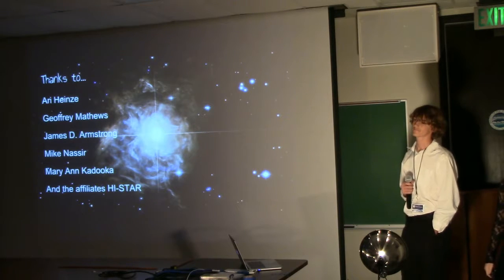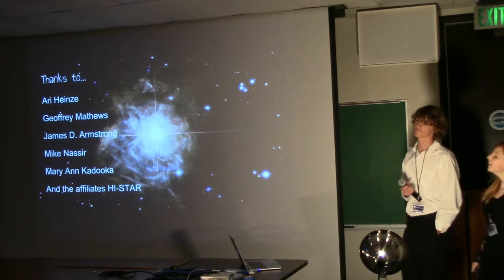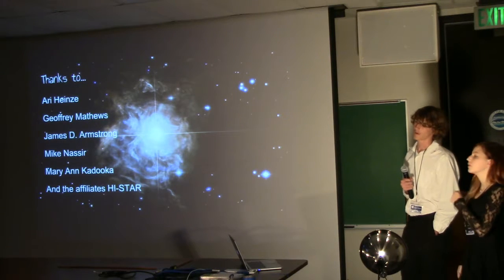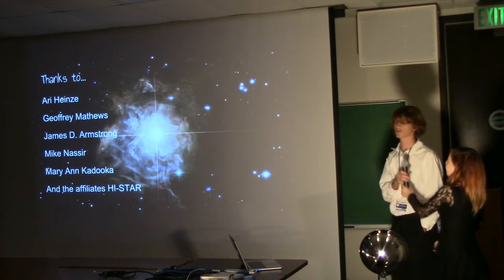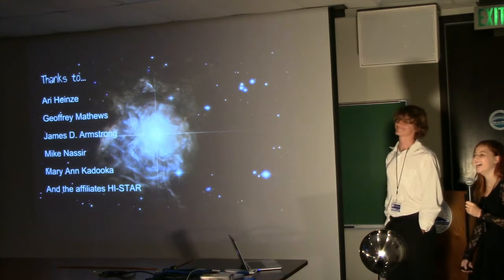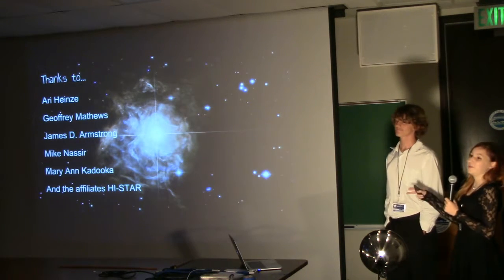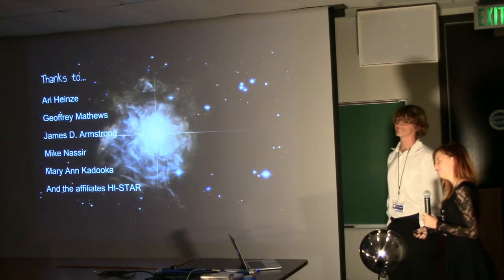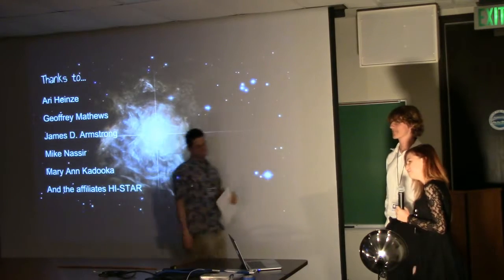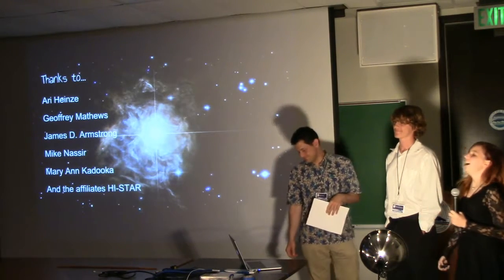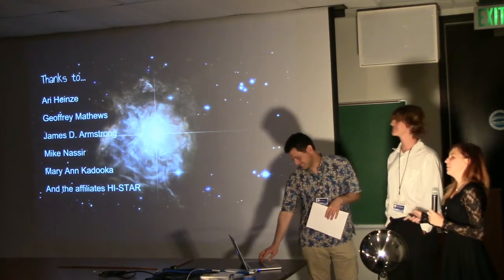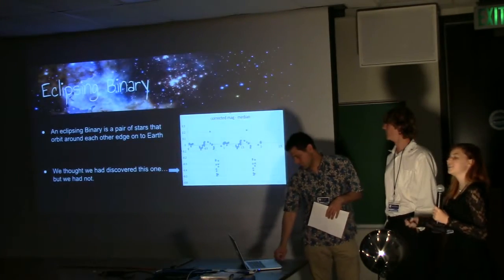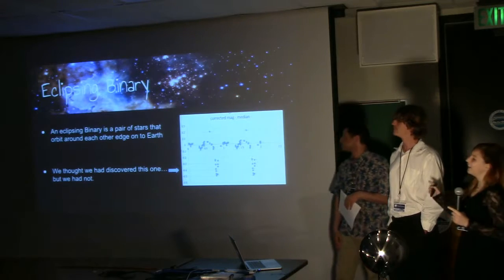Maybe one last question. Yeah, let's go with Jeff. How did you discover your declination was off by 2.5 arc seconds? I'm actually the one who discovered that star. When we searched it in a radius of 2 arc seconds, nothing showed up.